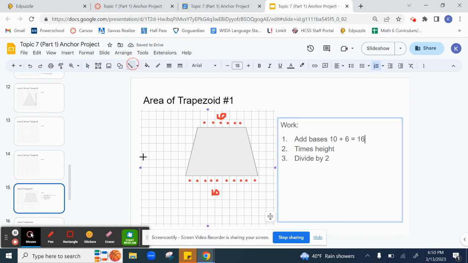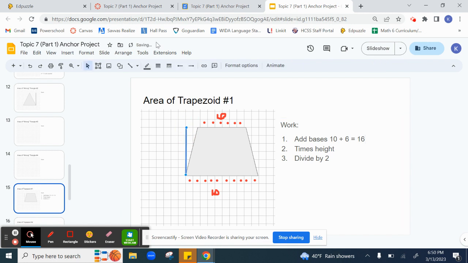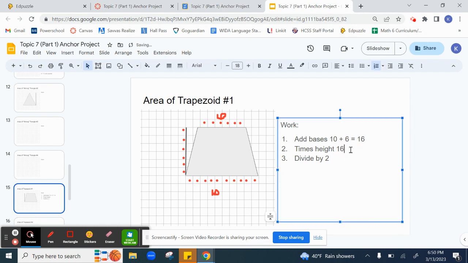Now times the height. We need to make a height line because remember the height has to go straight from top to bottom. Our height is 1, 2, 3, 4, 5, 6. All right, 16 times 6 is 96.